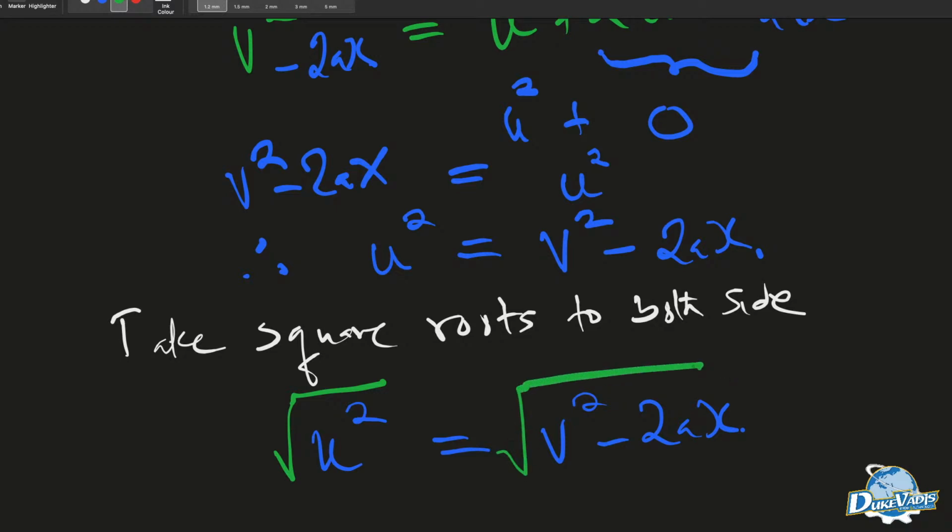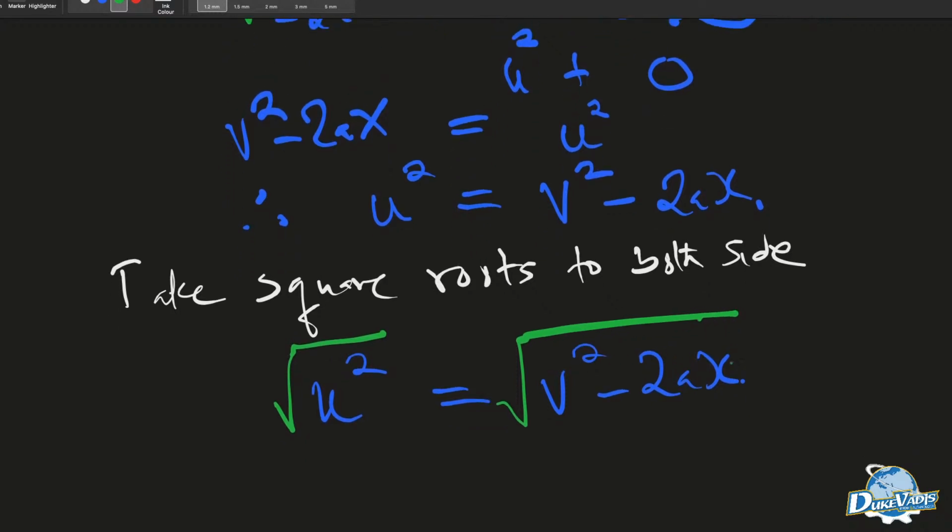So what we do to the left hand side, we do the same to the right hand side. And we know the square root of u squared is u. So therefore, our u is equal to the square root of v squared minus 2ax. So we are able to make u the subject.